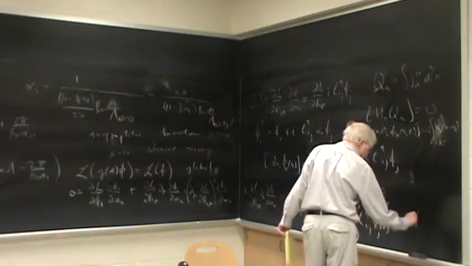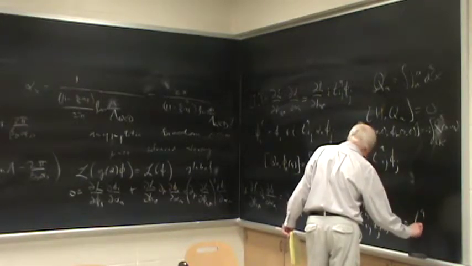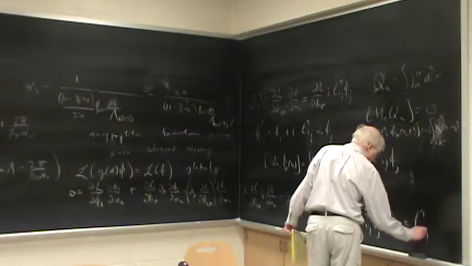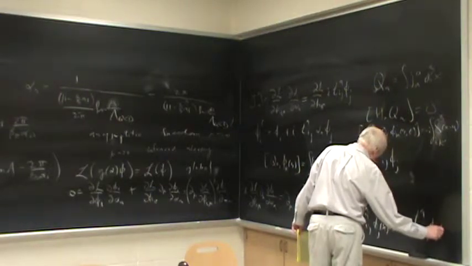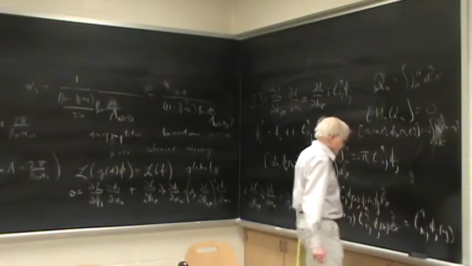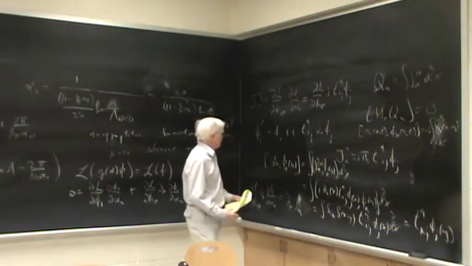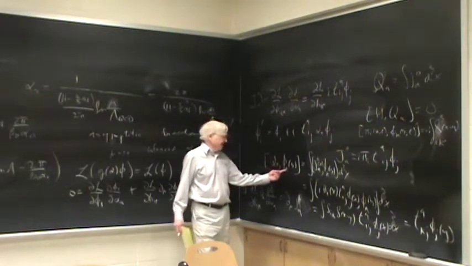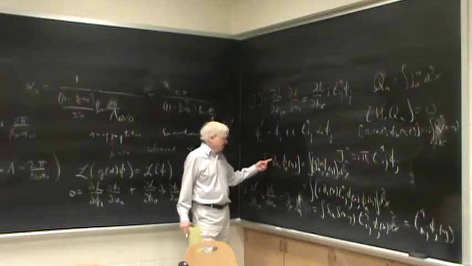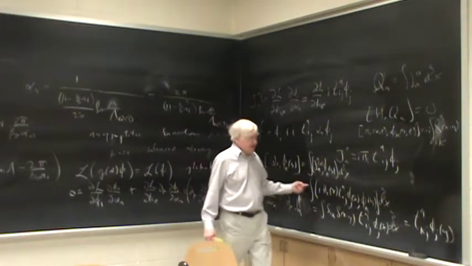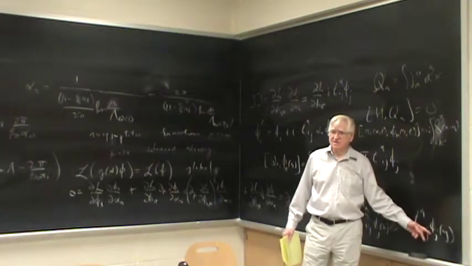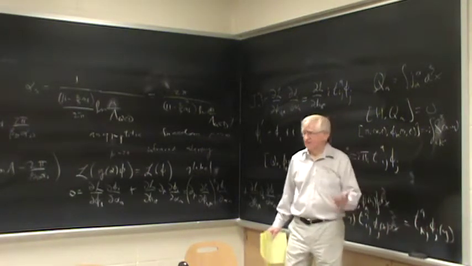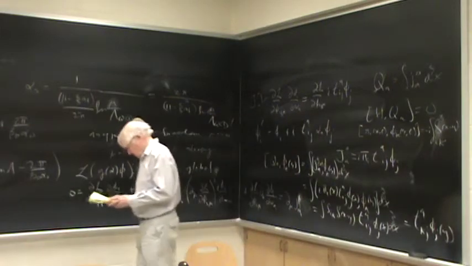Namely, this is just T^A_kj phi_j of y. So the commutator of phi_k of y with Q^A is the generator acting on the vector of fields phi_j.